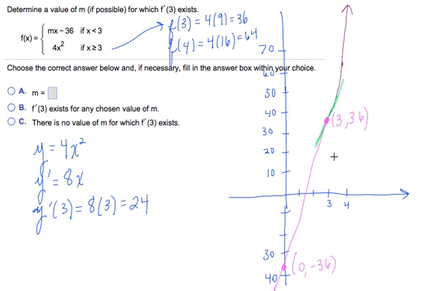So let's see, let's just calculate what is the slope of this line. I know its y-intercept is negative 36 from that, and for it to be continuous, it's got to meet up with the parabola here at 3, 36.